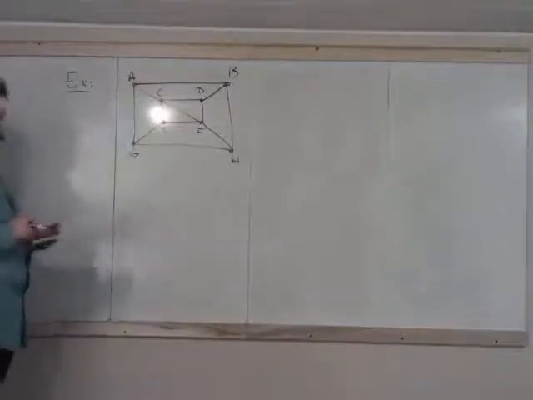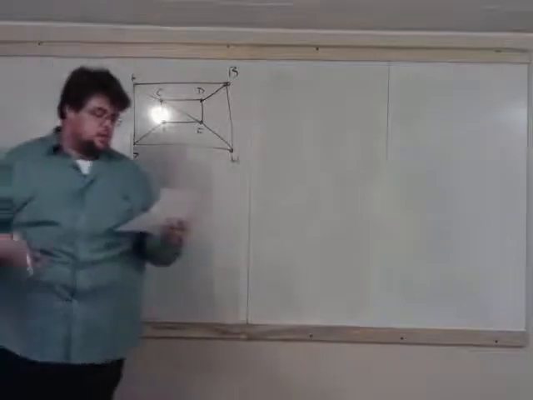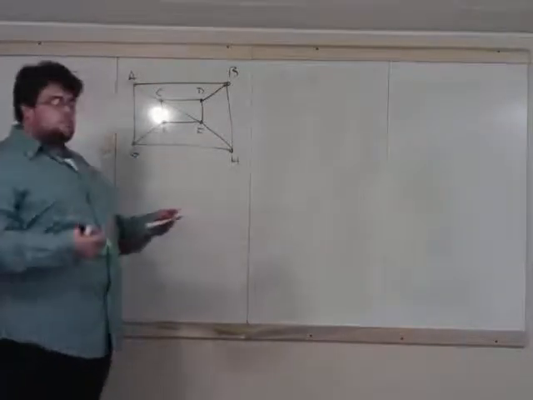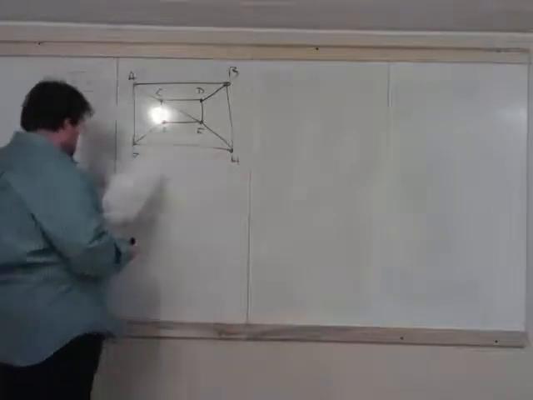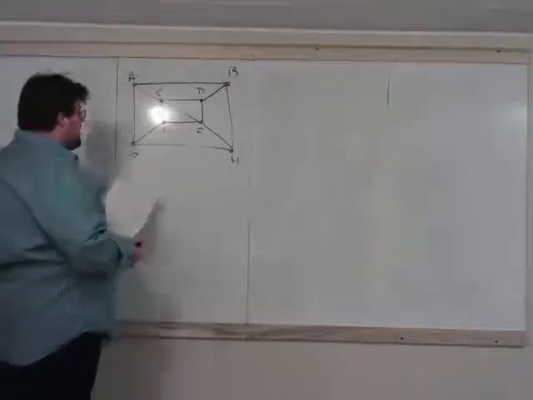So given this graph, I'm going to construct a couple things inside it that are not trees and that are not spanning trees, and then one or maybe two spanning trees. So right here, this is a tree, but it's not a spanning tree.